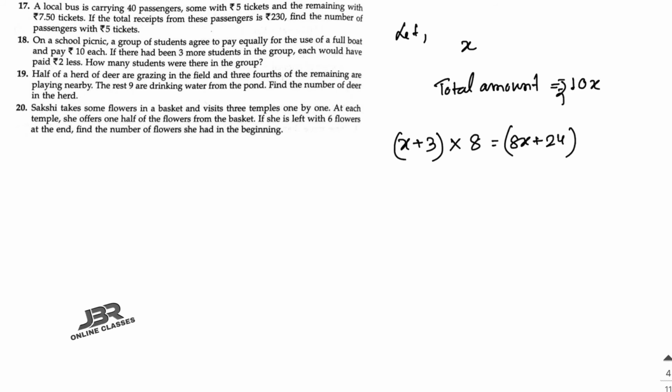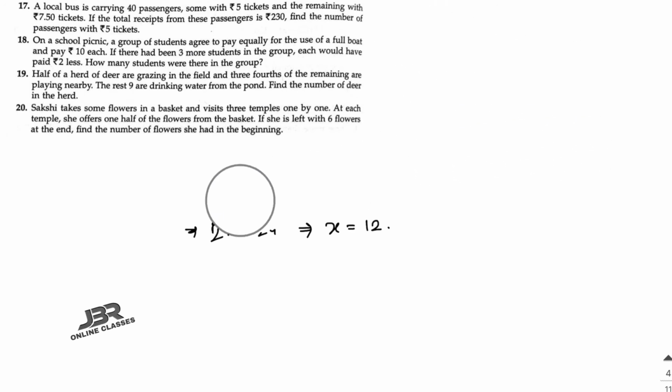Now you can write 10x equals 8x plus 24, the total amount. So 10x minus 8x, 2x equals 24, and x equals 12. So the number of students in the group is 12. It's very easy. Now next, sum number 19.